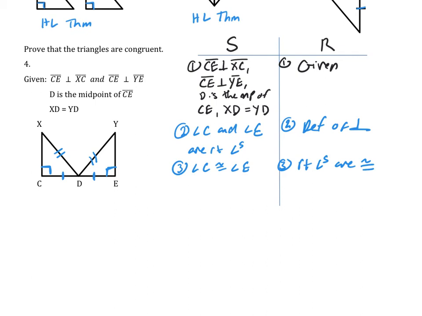So what else do we need to know? Well, great, they have right angles. That tells me that they're right triangles, because the hypotenuse leg theorem only works in right triangles. So we need to state that these are right triangles.